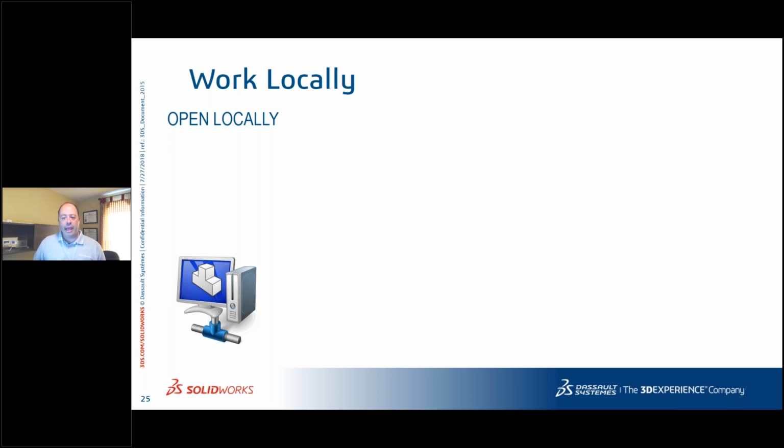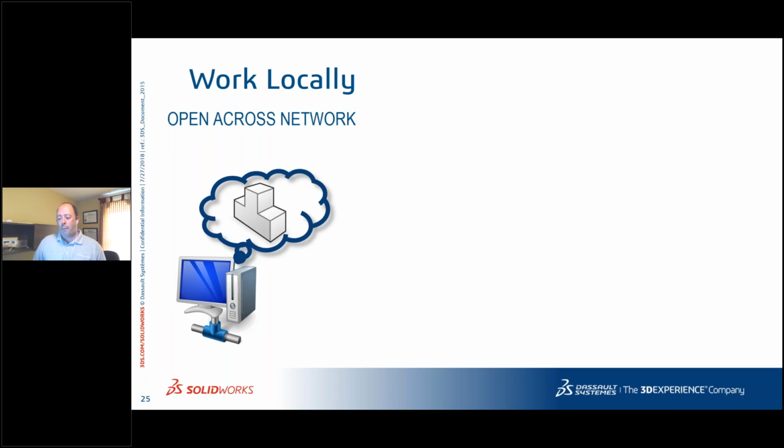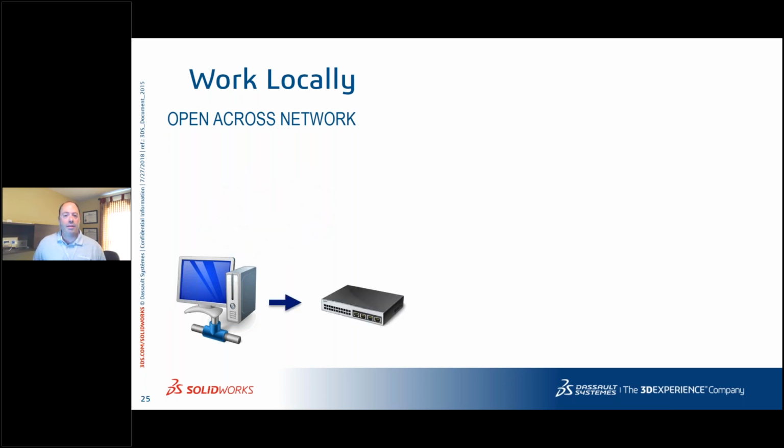Now on the opposite hand, if I'm working from a network, that operation is quite different. First of all, if I'm opening from a network, I'm gonna inside SOLIDWORKS say file open, but I need to go on the, let's say, Z drive, for example. So what's going to happen is that SOLIDWORKS needs to first access my network.